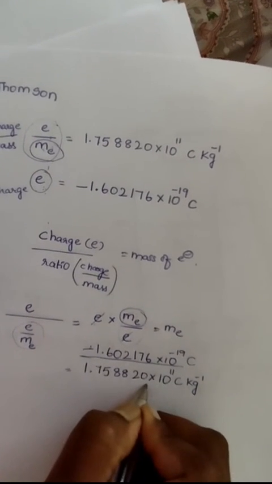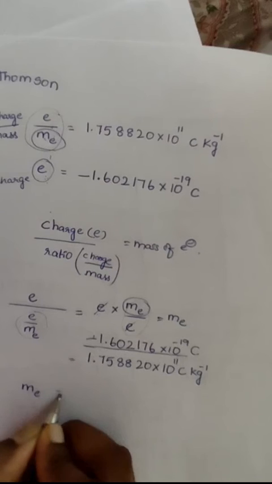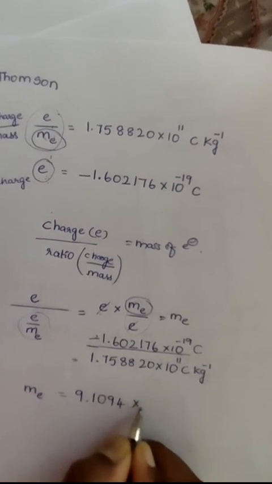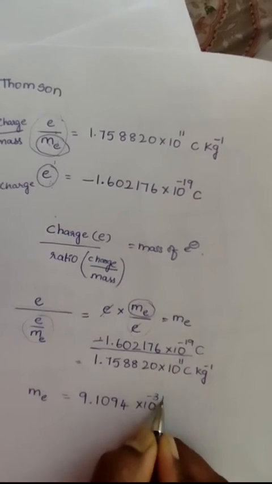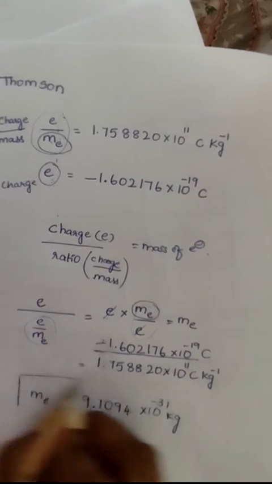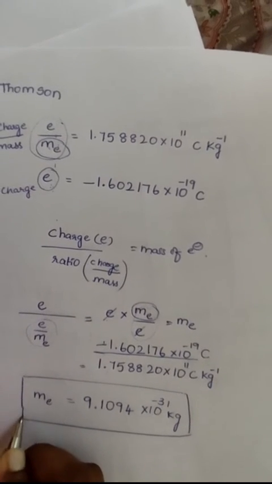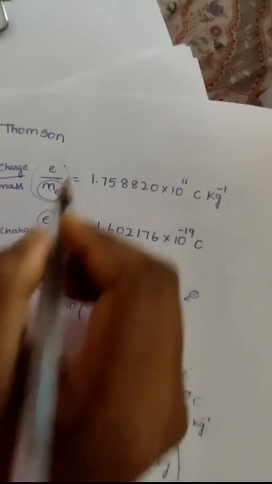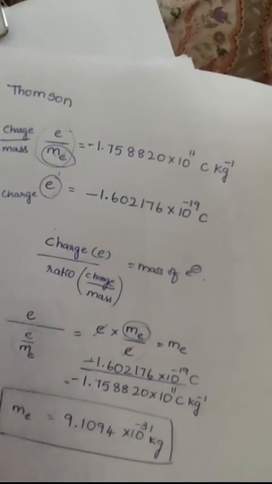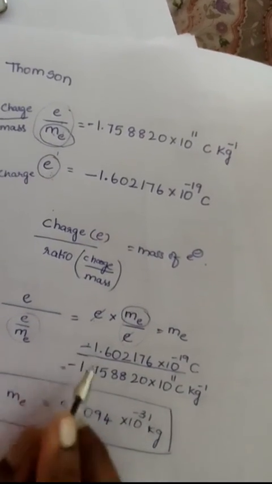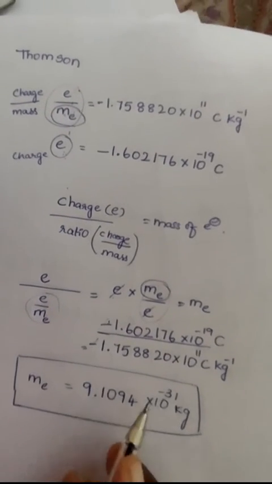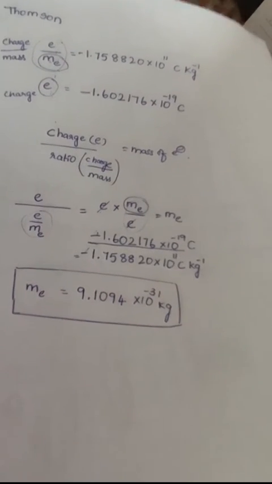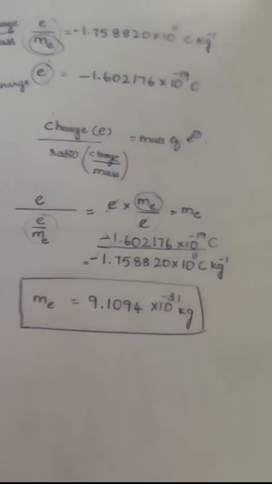If we calculate this, we get the mass of the electron equal to 9.1094 into 10 power minus 31 kg. Here also the negative sign gets cancelled and we get the mass of the electron. This is the discovery of the electron, the mass of the electron, and the charge of the electron.